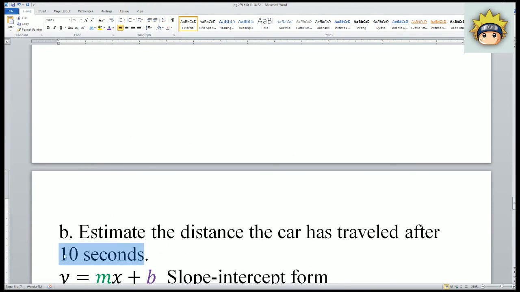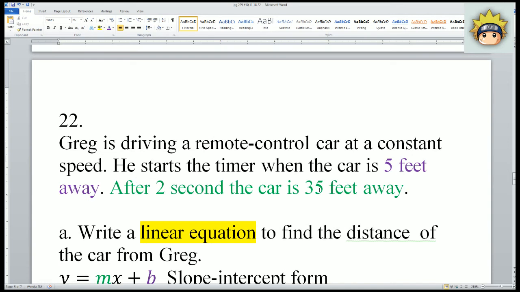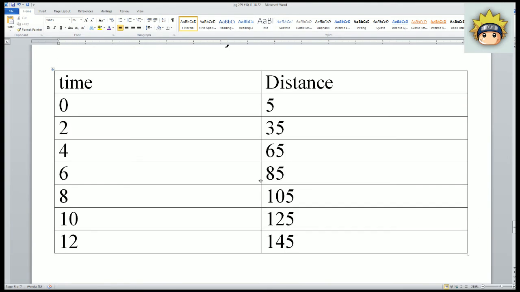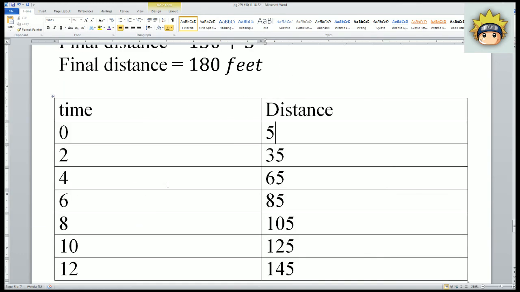In 10 seconds, the rate here is 35 feet in every 2 seconds. Oh wait, does it say after 2 seconds the car is 35 feet away? But it goes up each time by 30.